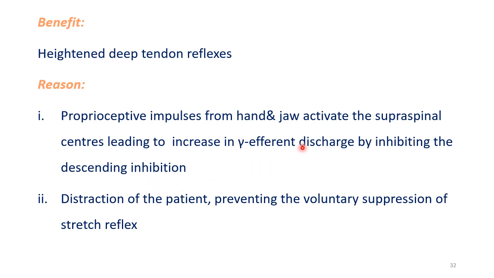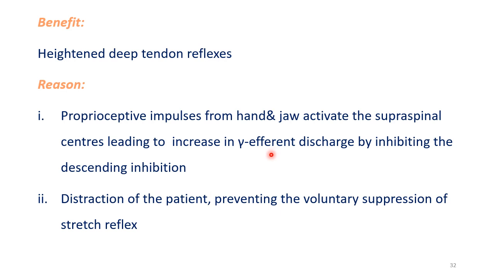So these impulses which go from your clenched or interlocked hand or clenched jaw go to the spinal cord. Because you are eliciting the knee jerk, the neurons which are receiving from the hand and jaw become supraspinal. They will carry impulses, and the higher motor neurons are sending impulses to the gamma efferent discharge.